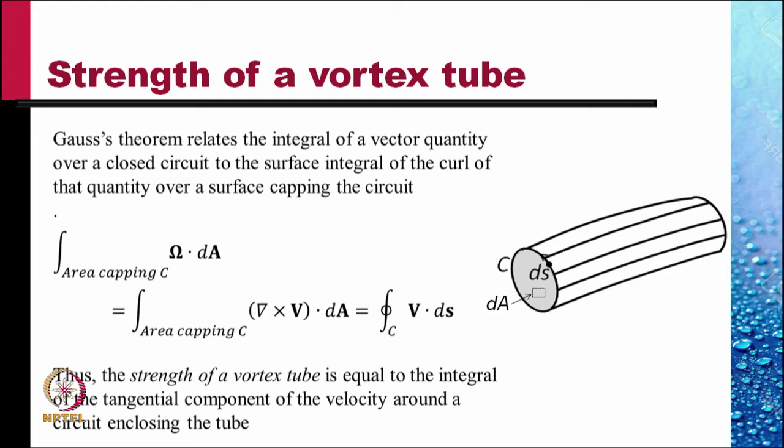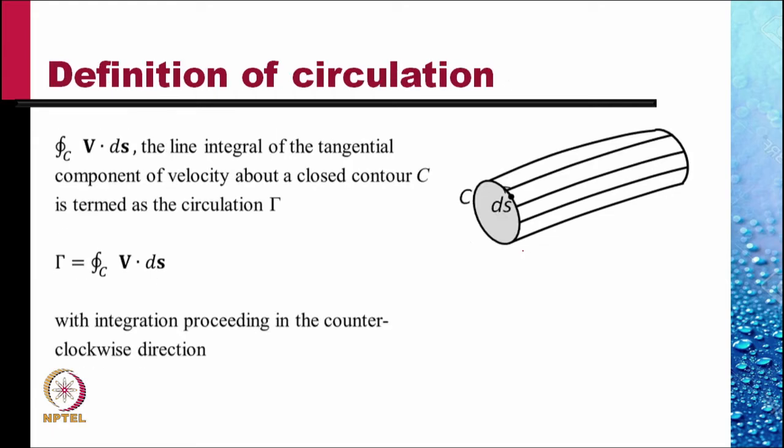This is an interesting development because there is a name for this integral over the closed circuit, and that name is circulation. Integral V dot ds over a closed circuit C is termed the circulation gamma, with the integration proceeding in the counterclockwise direction.